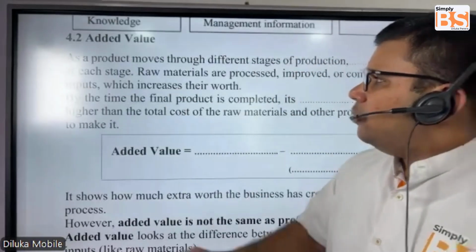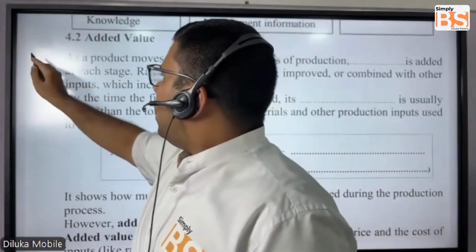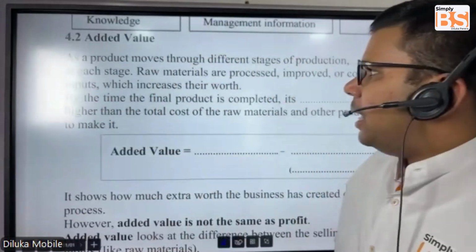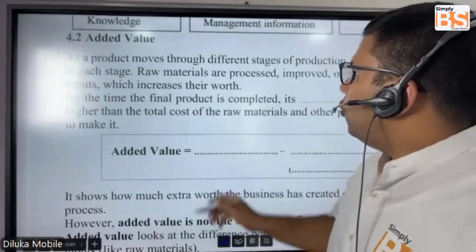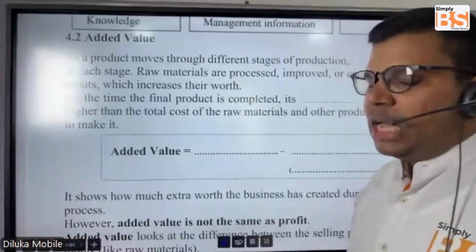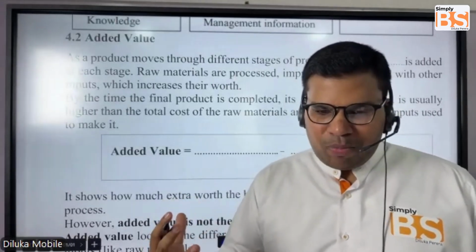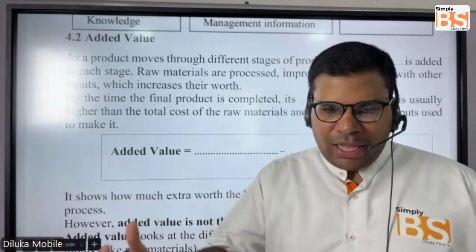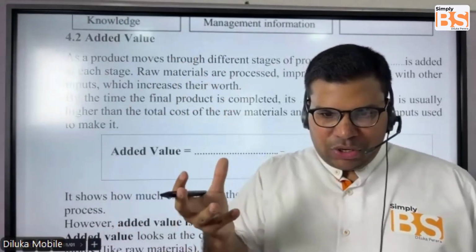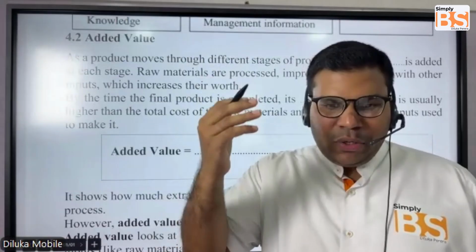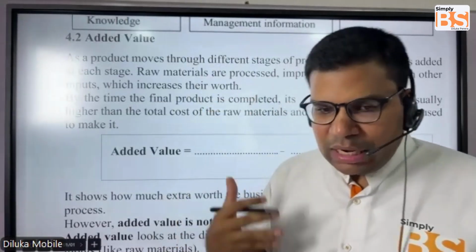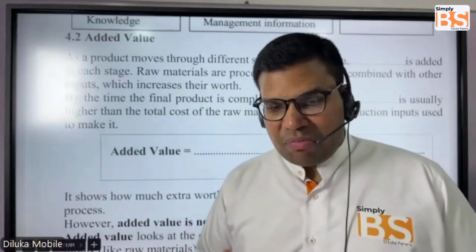As a product moves through different stages of production, which of course you know now, in the production process you have the input stage, where we use different types of inputs, different types of factors of production.